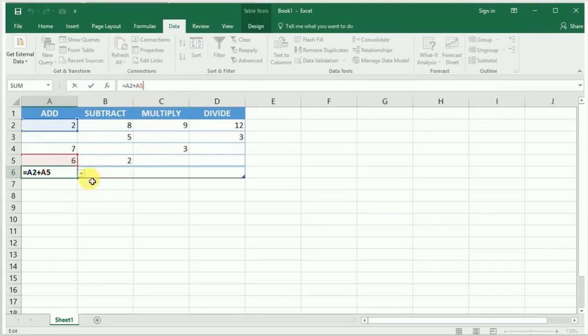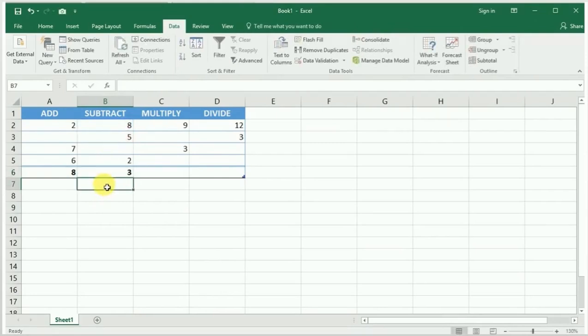Subtracting is just like adding, but instead you use the minus sign. Click a cell, then enter the minus sign, then another cell, and press enter. Multiplying and dividing are similar as well. To multiply, you use the asterisk. The X will not work.